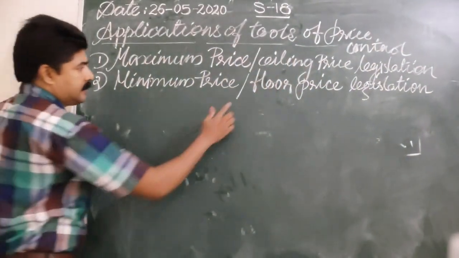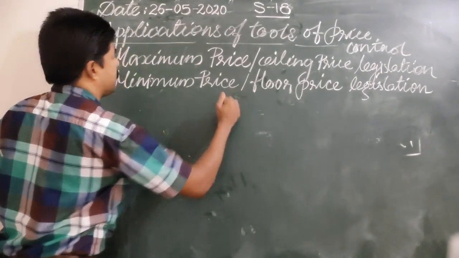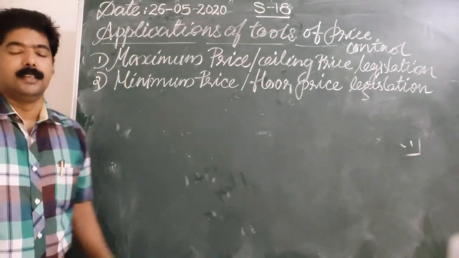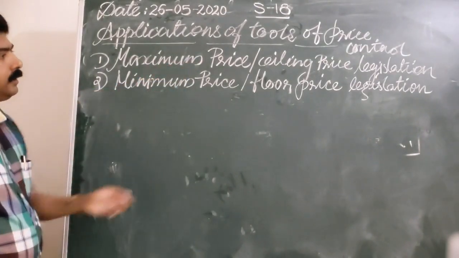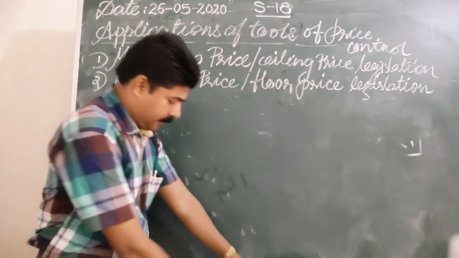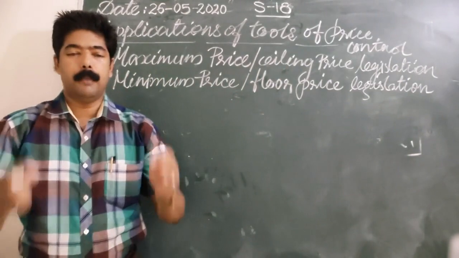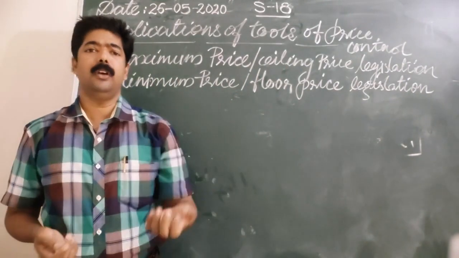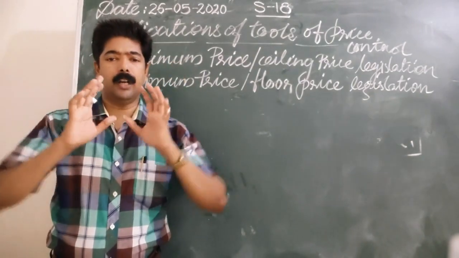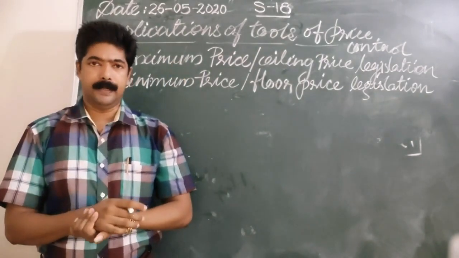Now let us discuss the first application or first situation, that is maximum price or ceiling price legislation. What do you mean by maximum price? As I have told you, many a time the government fixes the maximum price.